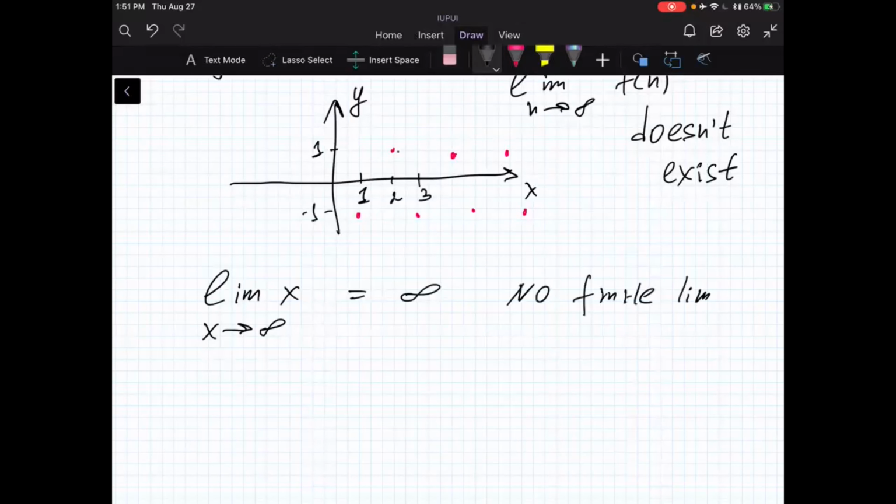Some textbooks say that there is no limit at all, but in some sense it's infinity. It just depends on your notation or convenience.